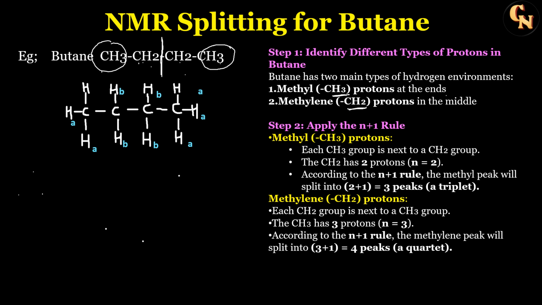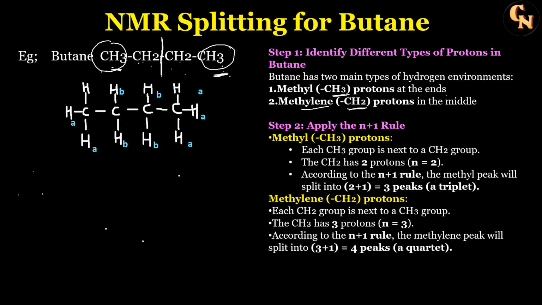Coming back to our butane, the first carbon has 3 hydrogens, and the neighboring carbon has 2 hydrogens. Similarly, the terminal carbon, the fourth carbon, also has 3 hydrogens, and the neighboring carbon has 2 hydrogens. So the environment for both the first and last carbon is the same, that means the protons have the same environment.